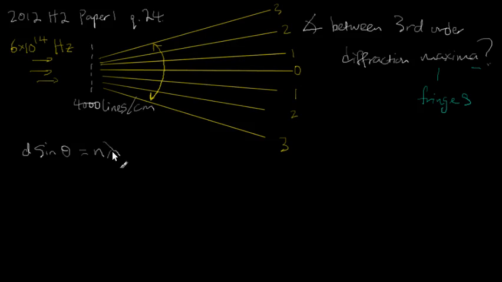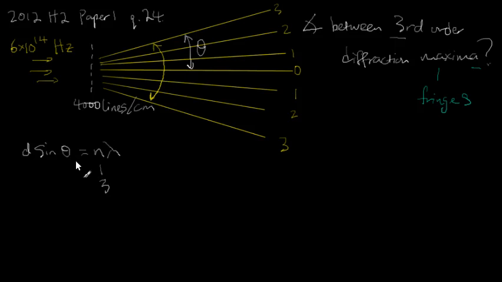For example, n here is the order, so n is 3. So the theta would refer to this angle, not this one. It means that it is half of the answer that we want. So if we can use this formula to find theta, then we can multiply by 2 to get the answer.